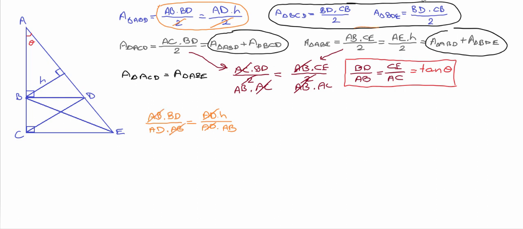I also have this equation here, and this is the area of the triangle ABE. So from this equation, twos cancel each other. I will divide both sides by AE.